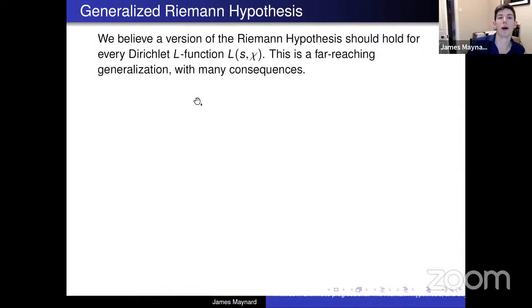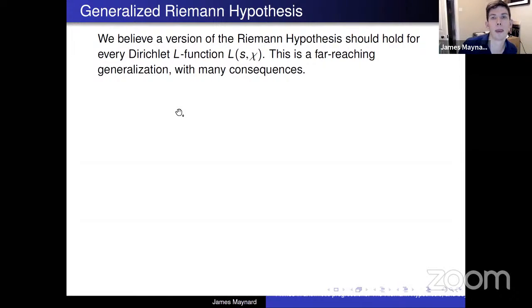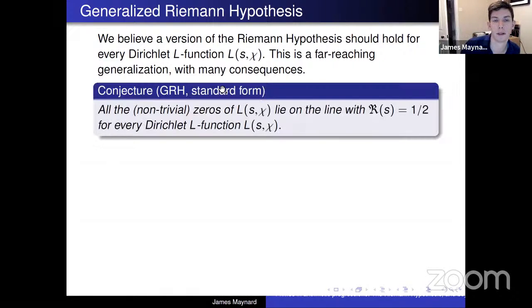And so we believe that there should be a generalized version of the Riemann hypothesis, which holds for all these more exotic versions of the Riemann zeta function. And one form of these exotic generalizations are the Dirichlet L functions.